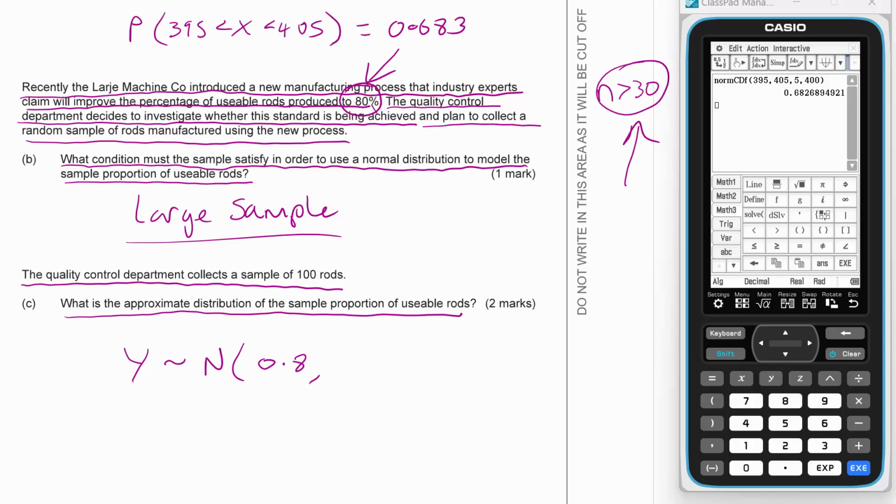And therefore the variance is going to be 0.8 times 1 take away 0.8, which is 0.2, divided by 100. And so we get a normal with a mean of 0.8 and a variance of 0.0016. And of course, the square root of that is the standard deviation.